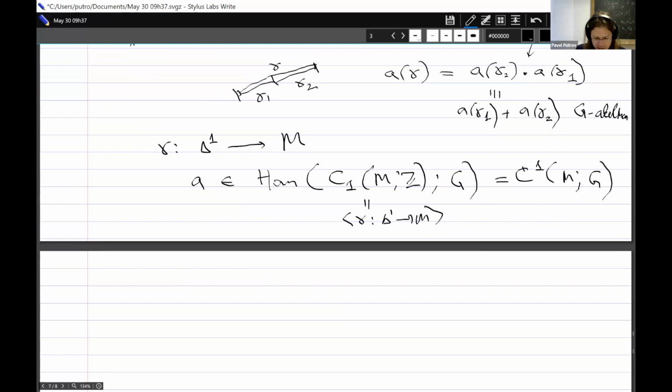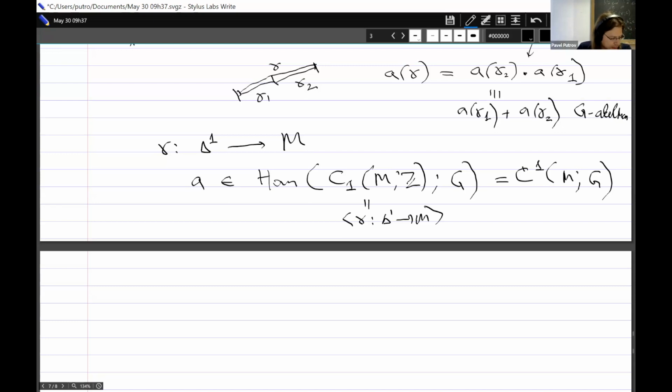So physically, we want to require that if we change this path gamma a little bit, then this holonomy shouldn't change, or should also change only a little. So in particular, this value should depend continuously on this space of paths.